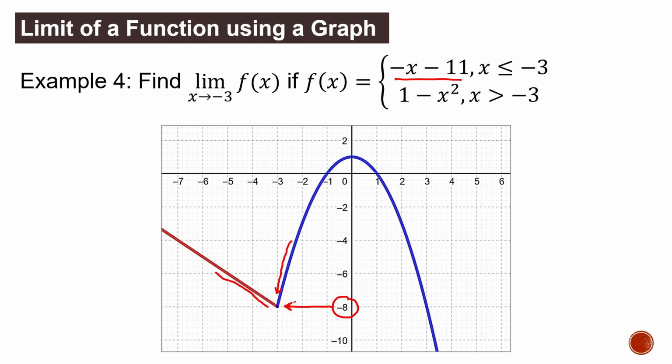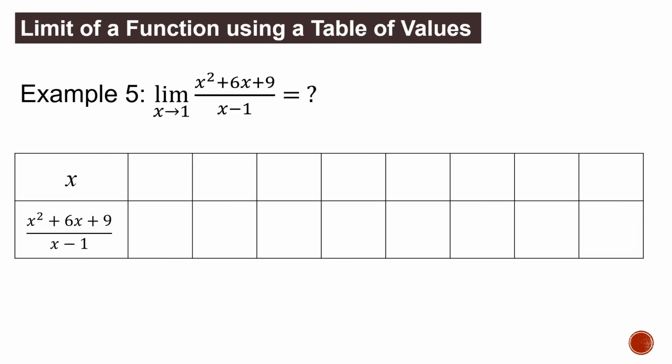Okay, now let's go to the last example. Find the limit of x squared plus 6x plus 9 over x minus 1 as x approaches 1. Now when we do direct substitution, this is going to be undefined.